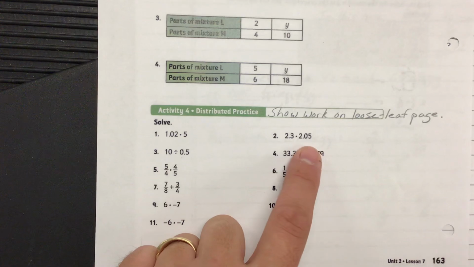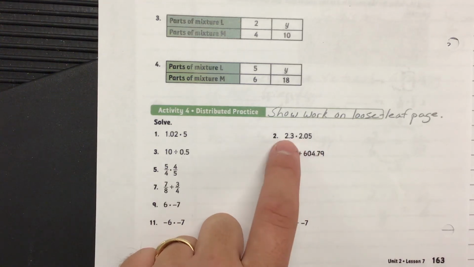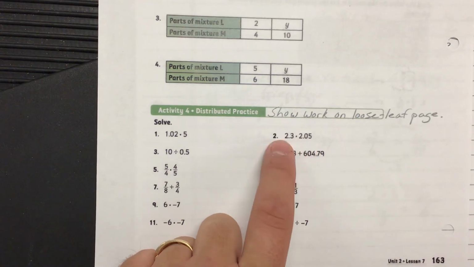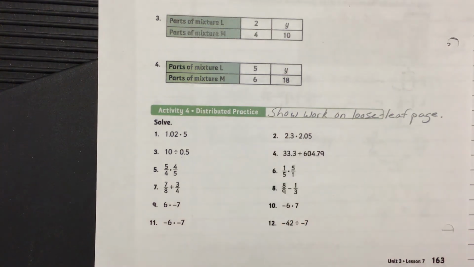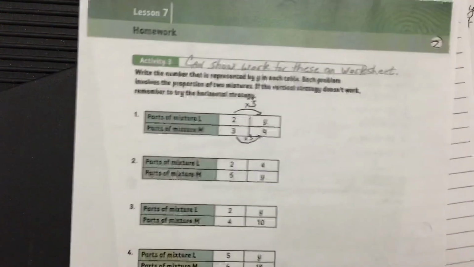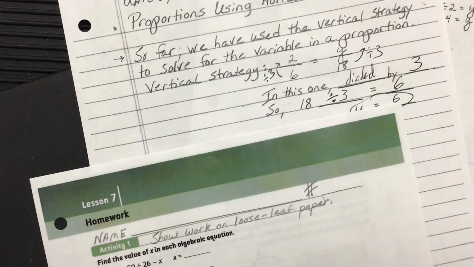This one, you're going to multiply and move the decimal how many spots? Over 1, and then another over 2, so over 3. Once you multiply that, you're going to have to move your decimal 3 spots because 2 plus 1 is 3. All right, so pages 162 and 163 will be due our next class.